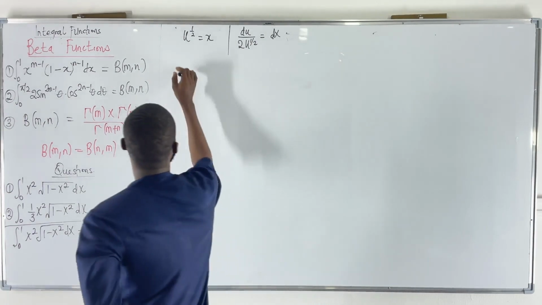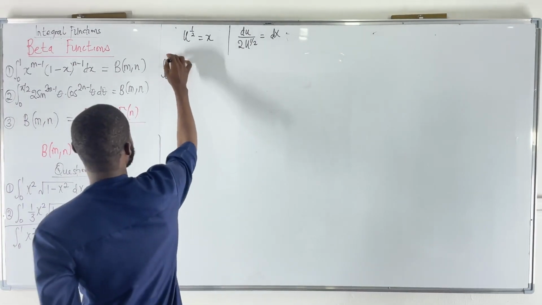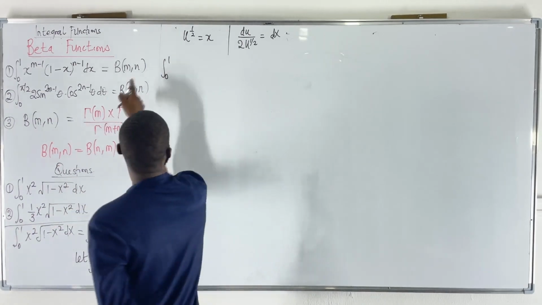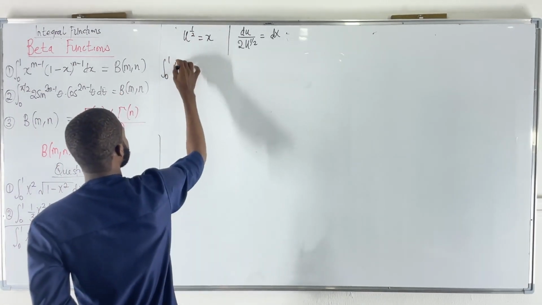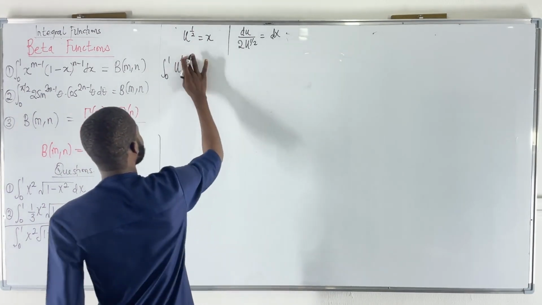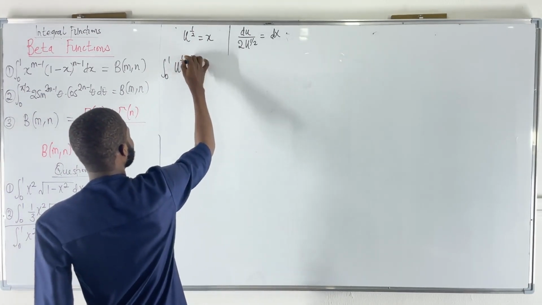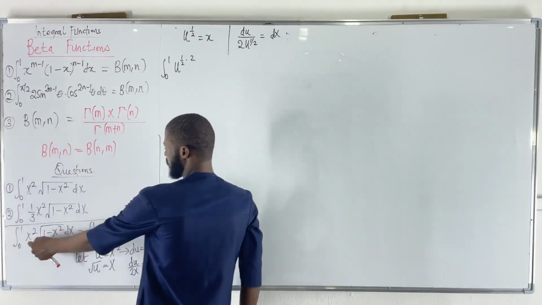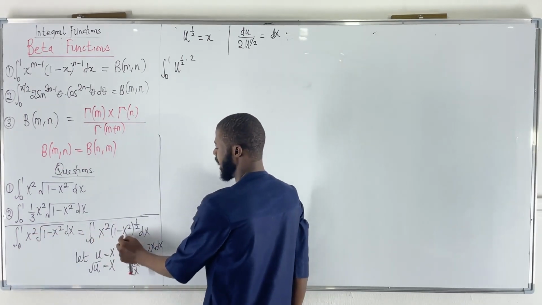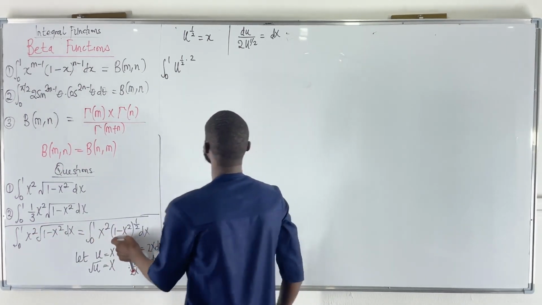So this will become the integral from 0 to 1, x squared, but x is what? X is u to the power of half. So this is u to the power of half, times, let me just use a dot for that, x squared. And then 1 minus, this x squared is u.